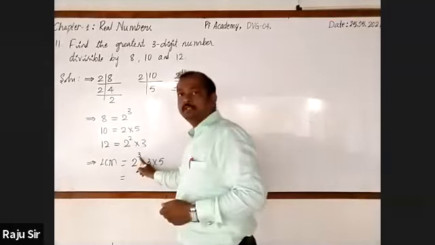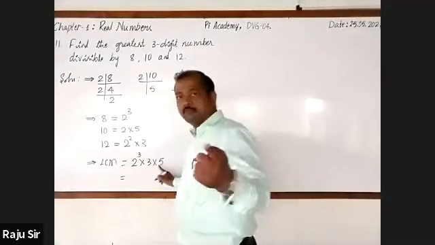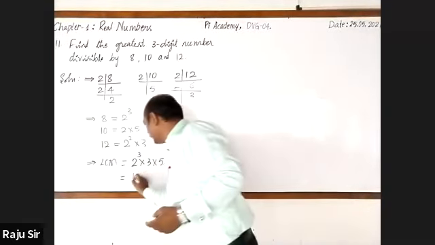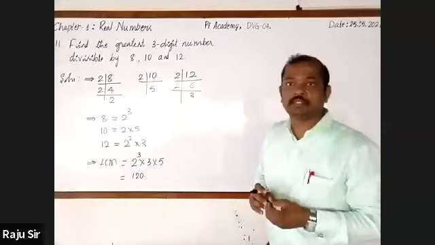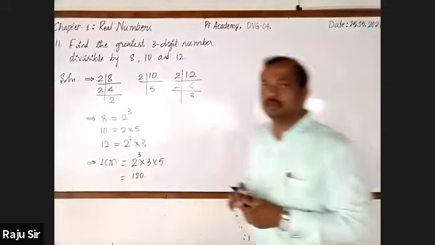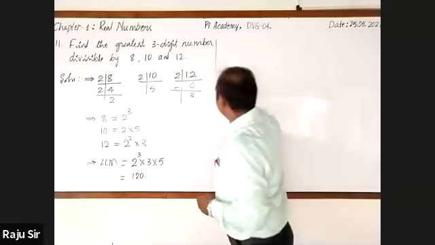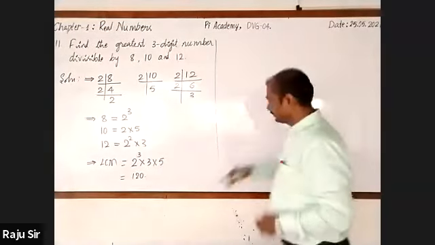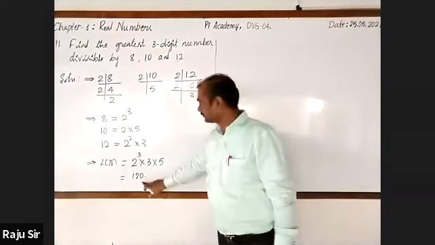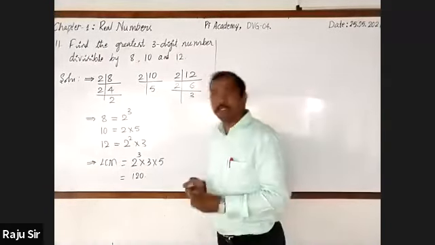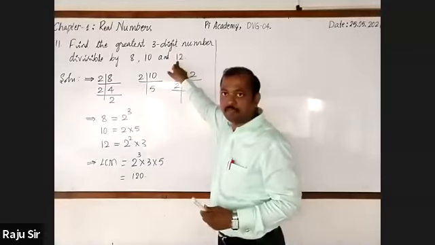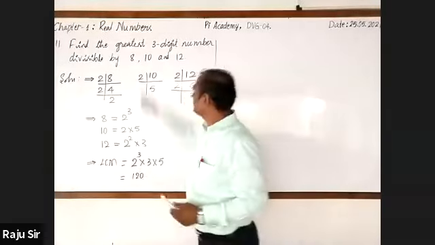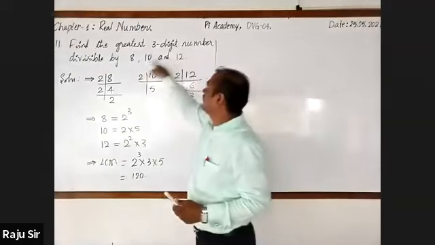Here 2 cube is 8, 8 fives are 40, 40 threes are 120. Very good. Some of you have already given the answer 120. Aditya, you are right. Hitesh, Vishnu, very good. It is 120. 120 is a multiple of 8, 10, and 12, which means that it is divisible by 8, 10, and 12.